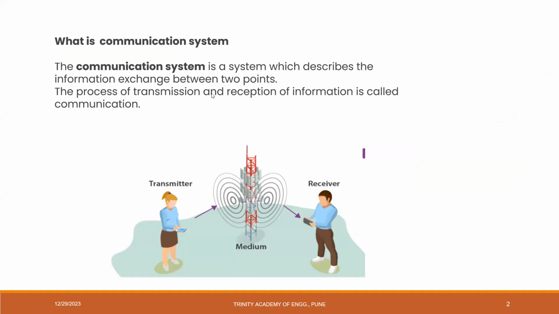This process of transmission and reception of information is called the communication system. This diagram shows the normal communication system, using the transmitter and receiver, and in between, the medium. Using that medium, we can transmit the signal from source to destination.